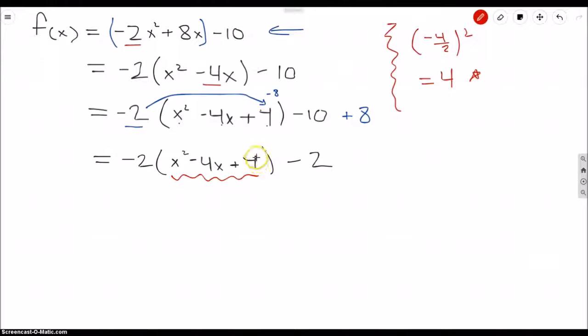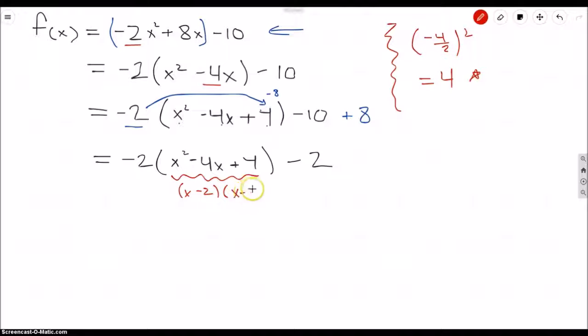So you're thinking what two numbers multiply to +4, the c value, and add to -4, our b value. Well, -2 times -2 gives us +4. -2 plus -2 gives us -4. So our two factors are x minus 2 and x minus 2.